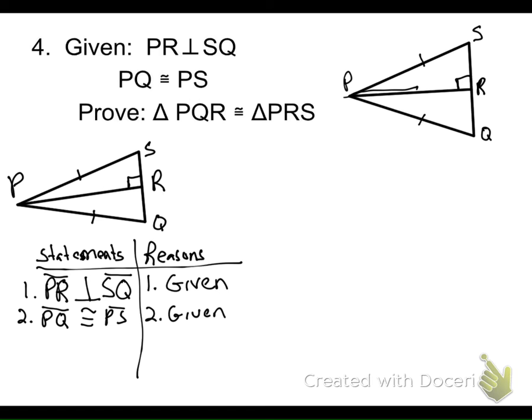So step 3, we're going to show that we have 2 right angles. So, let's see if I have enough space. So 3, angle PRQ and angle PRS are right angles.